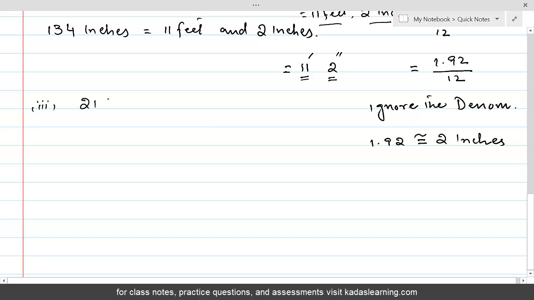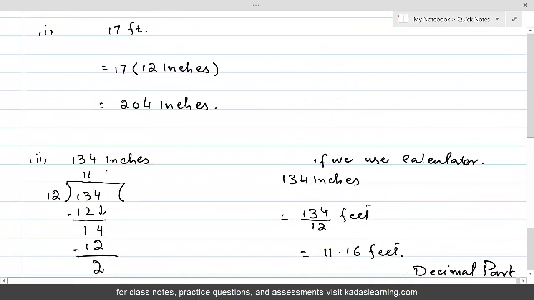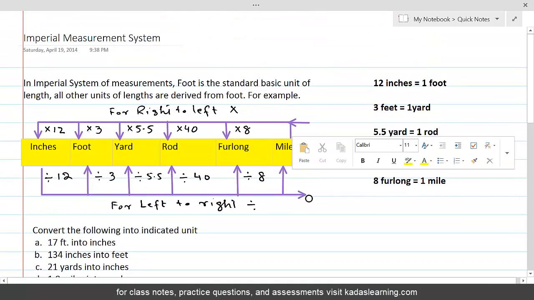For converting yards, let's refer back to our table of conversion and look where yards are. First we will convert these yards into feet and then feet to inches, because our origin is yards and destination is inches. So we first multiply by 3 and then we will multiply by 12.